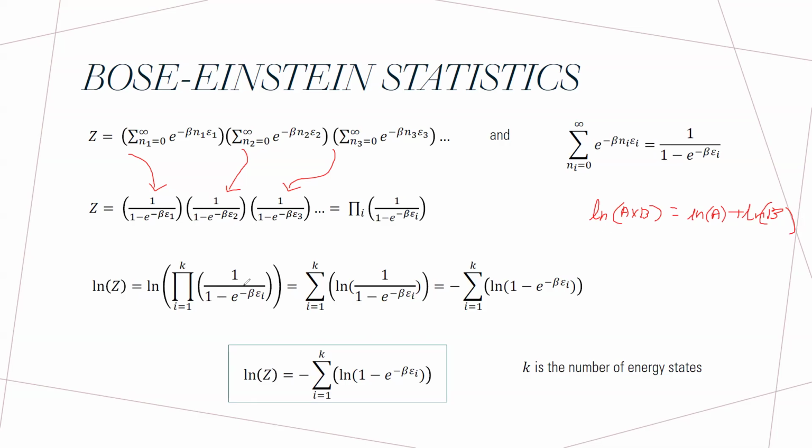This is the product of all these terms, and now I can write this as the sum of ln of this 1 over 1 minus exponential of minus beta times epsilon, and then I can rewrite this in this way.